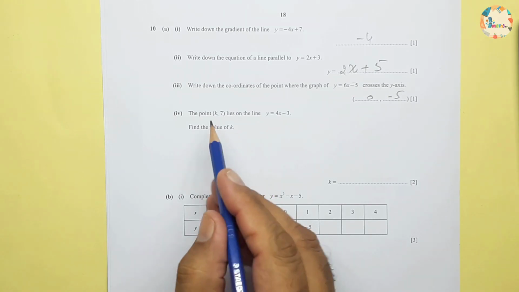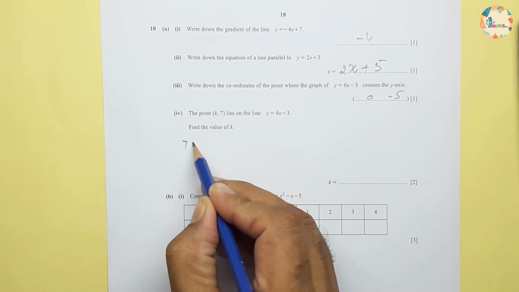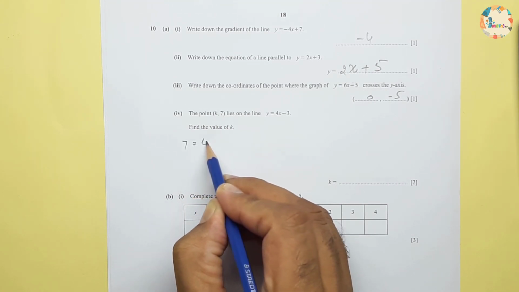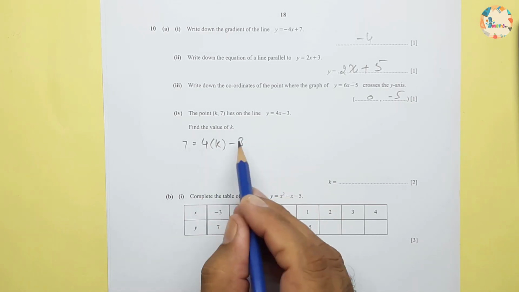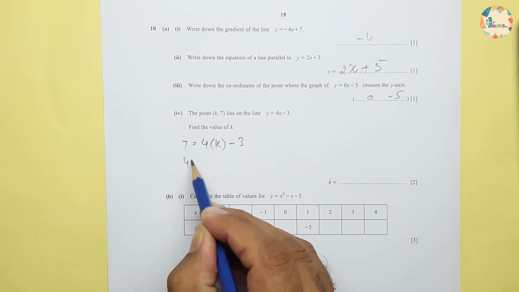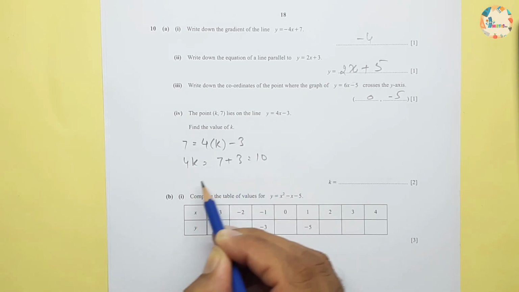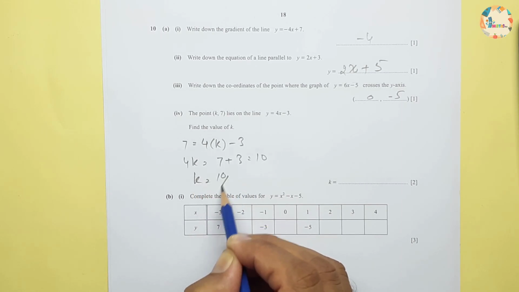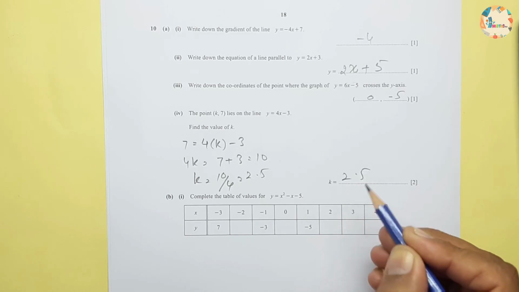Find the value of K. So this point we will be putting in this one. So y value is 7, equal to 4 into K minus 3. So 4K is equal to 7 plus 3, which is equal to 10. So K is equal to 10 by 4, which is equal to 2.5. So 2.5 will be our answer.